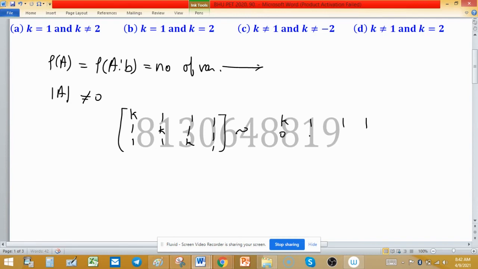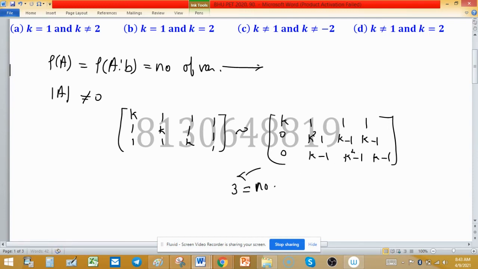This becomes 0 and this one will be k square minus 1, k minus 1, and this is also k minus 1. This is 0, k minus 1, k square minus 1, and this is again k minus 1. This is the last equivalent matrix. So for a unique solution, the rank of this matrix should be 3 because the number of variables is 3.